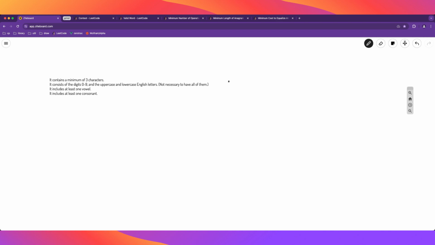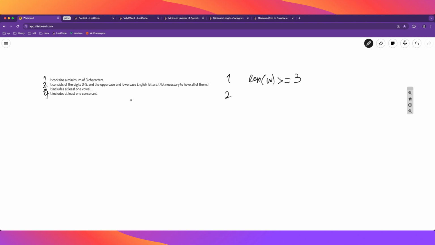So we have 1, 2, 3, and 4. 1 is that the length of the word must be greater than or equal to 3. Then it should have either digits or uppercase or lowercase letters.